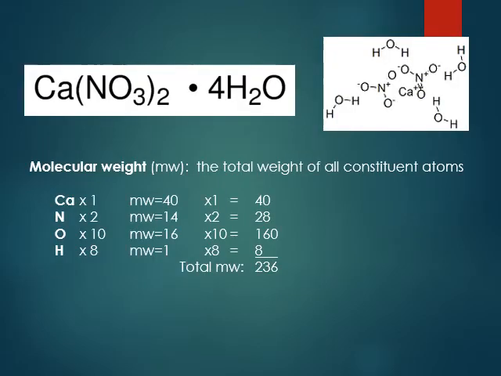Now I have added water molecules to this because typically there is reagent grade or research grade and fertilizer grade fertilizer. And certain chemicals, like calcium nitrate in particular, are what we call hygroscopic, which means they absorb water.